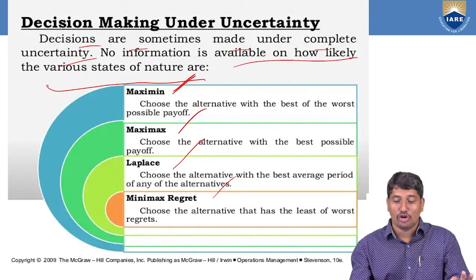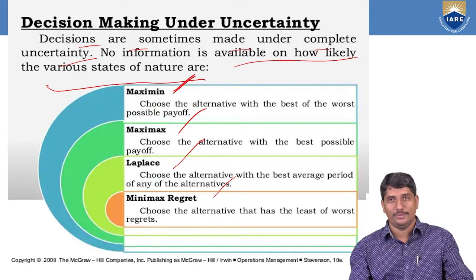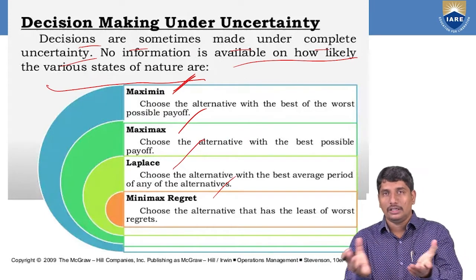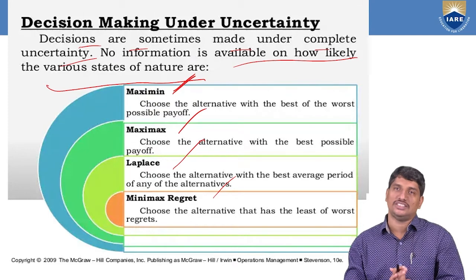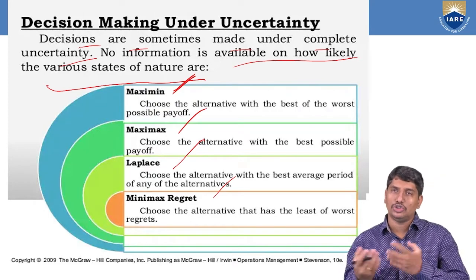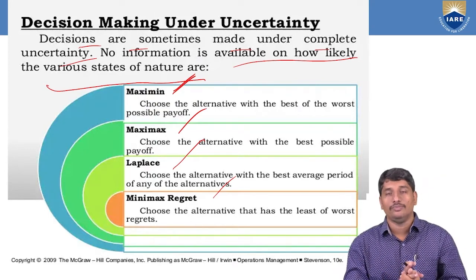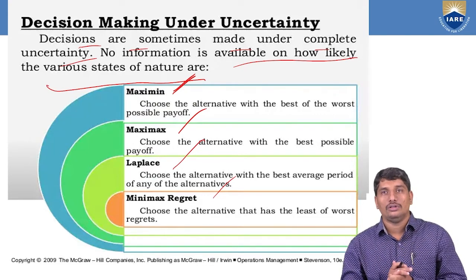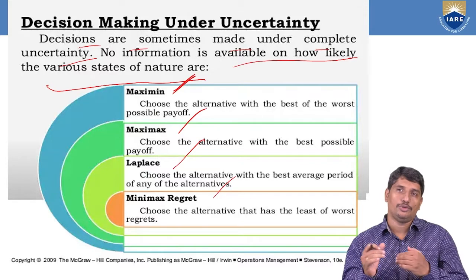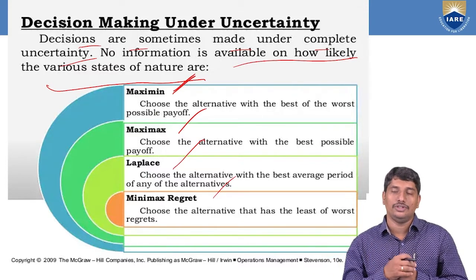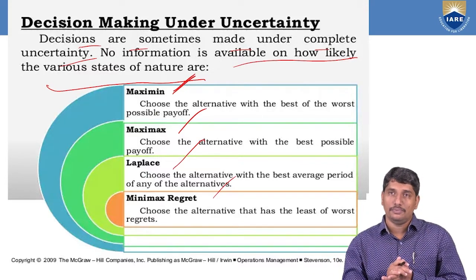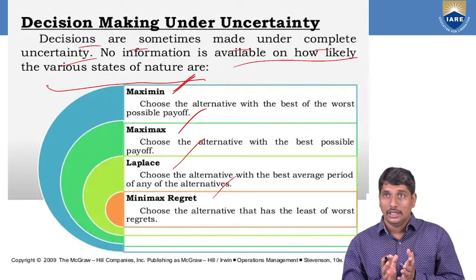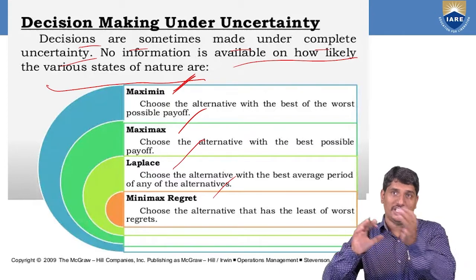Maximin: choose the alternative with the best of the worst possible payoff. That means if you know that in the future you are going to have losses for a certain period, suppose due to the pandemic, corona, or second wave, you are going to have tough situations for two to three months. For this period we are going to have losses, so now you have to make a decision.